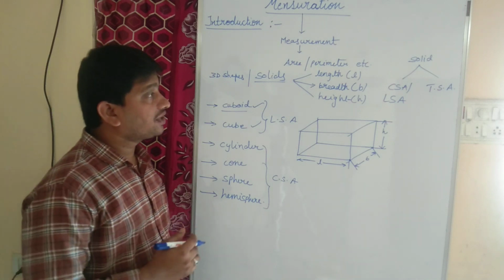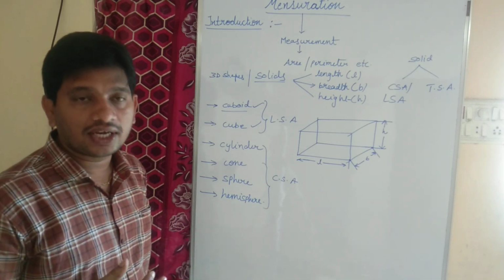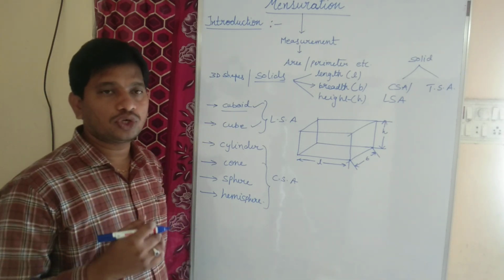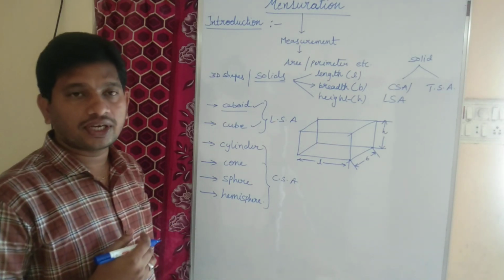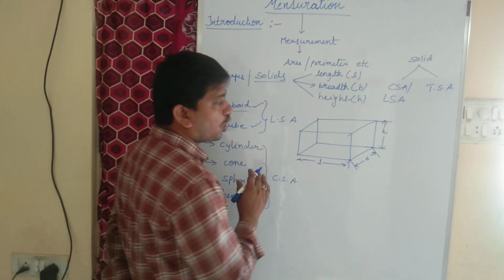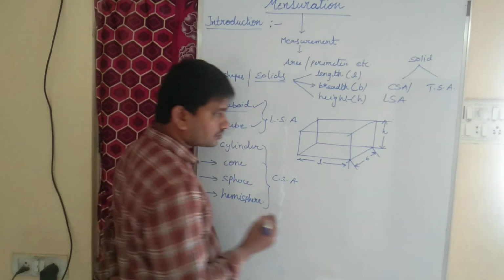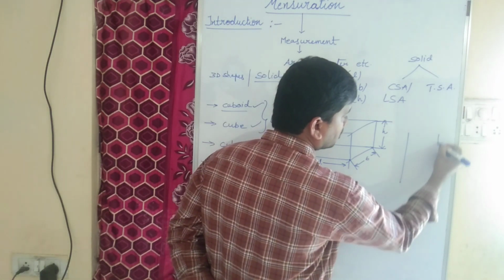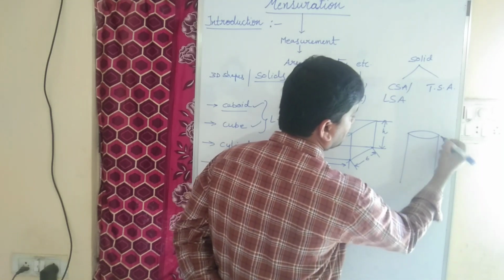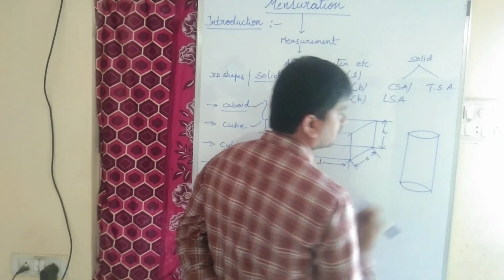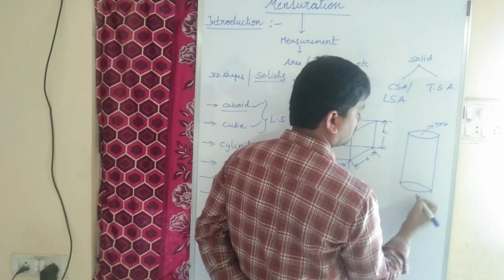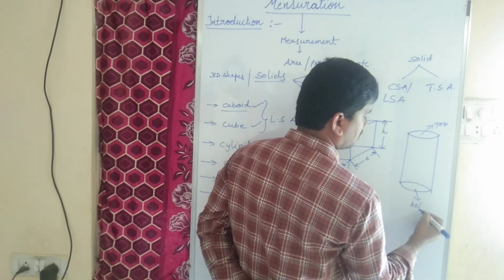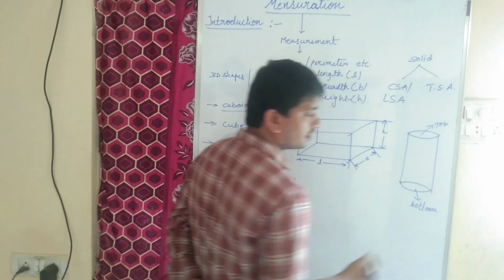Then what is the difference between CSA and TSA? As I told you, curved surface area. If you take a cylinder, this is our cylinder. So this is our top face and this is our bottom face, right?